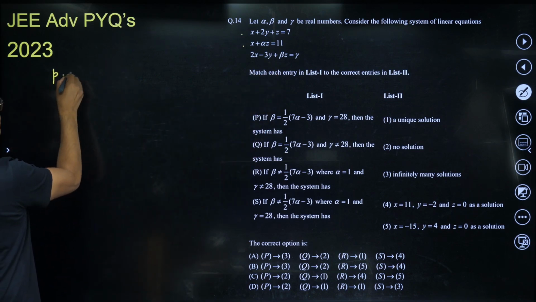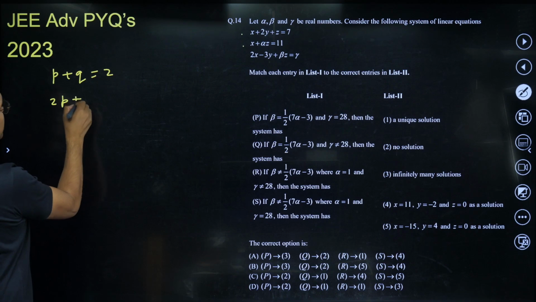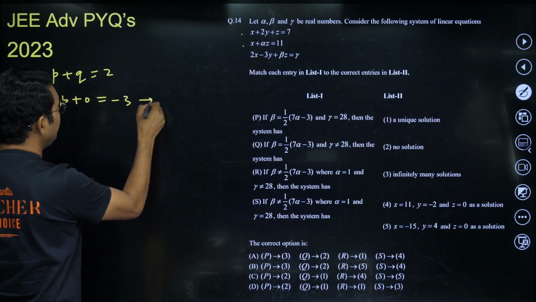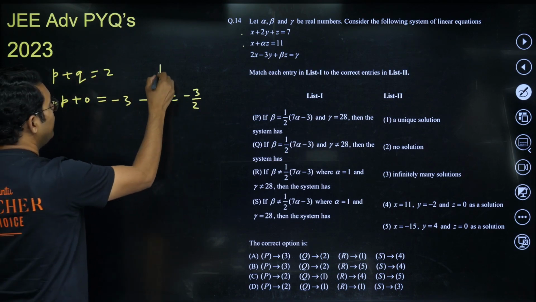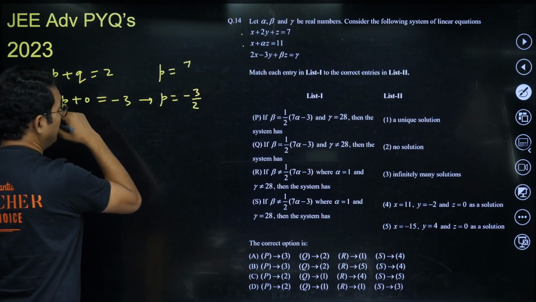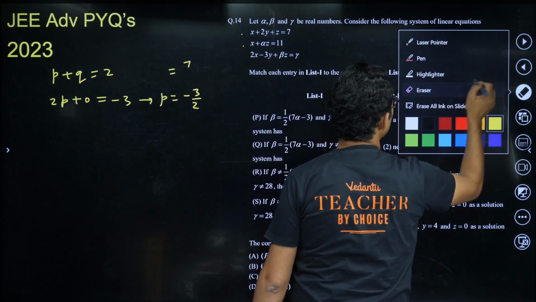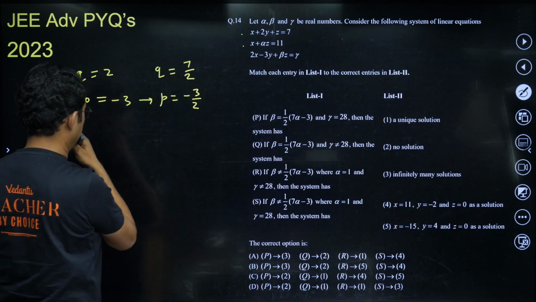So you will get P plus Q is equal to 2. You will get 2P, and there is no y term here, so 0 is equal to minus 3. So we will be getting P as minus 3 by 2, and we put it here, we will be getting Q is equal to 7 by 2.